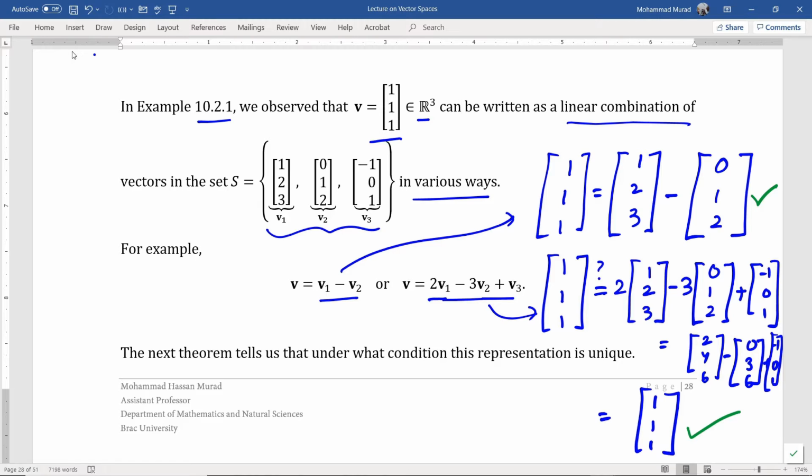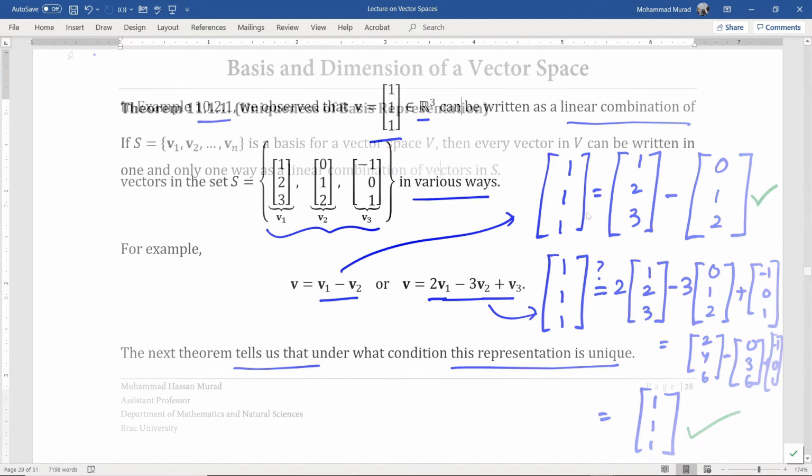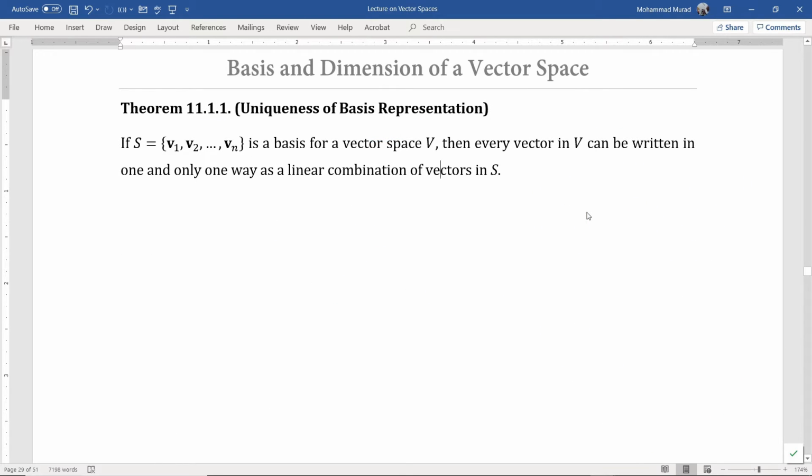The next theorem tells us under what condition this representation is unique. Theorem: uniqueness of basis representation.